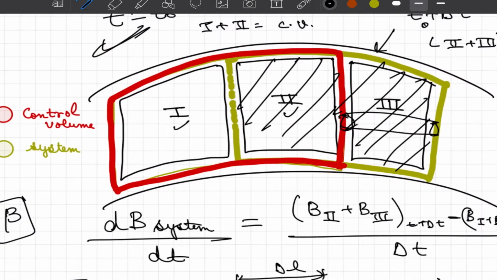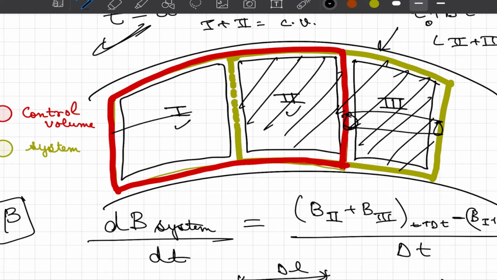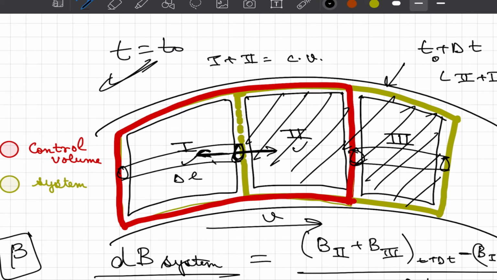On the other hand, if we consider this segment 1, where we draw a similar pipe or small element of length delta L, the velocity is in this direction because our system is moving here. Our area vector is in the outward direction, because by convention the area vector is always taken away from the control volume. So our area vector is somewhere here.